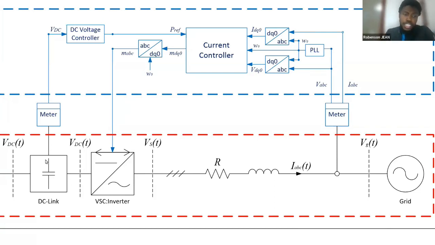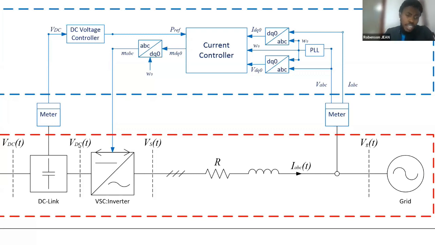What happens here at the DC side, at the input of the inverter, is that we have a reference voltage. Why do we have a reference voltage? Because at the output we need a voltage that can match or synchronize to the grid voltage in order to respect the requirement of the grid operator.